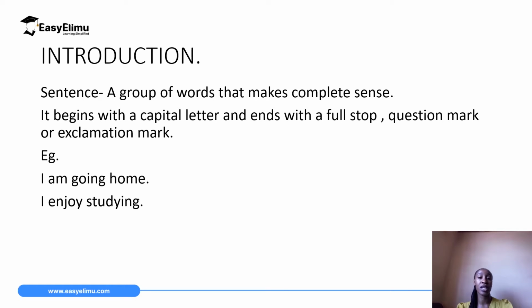So maybe when you say, I am going home, that is a sentence because number one, it makes sense. Number two, it begins with a capital letter. And number three, it has ended with a full stop. And the same case applies to the other example there. I enjoy studying.